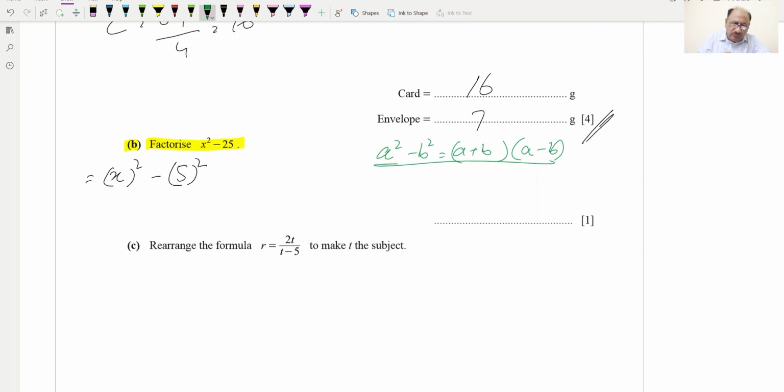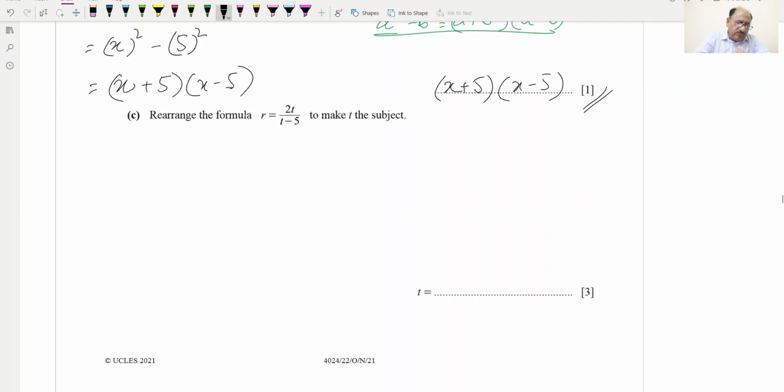The same formula we will apply over here, and we will get x plus 5 and x minus 5. This will be our final answer, which we can provide at the proper place, and this will be the answer for 1 mark. Now making the subject: rearrange the formula to make t the subject.